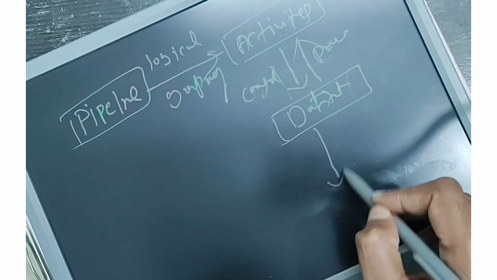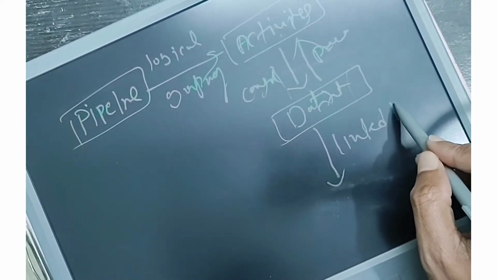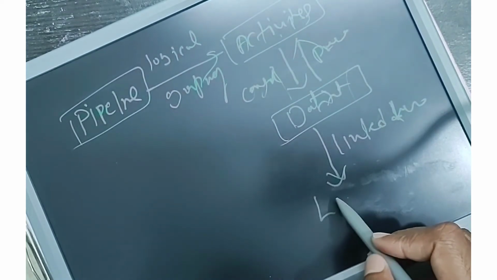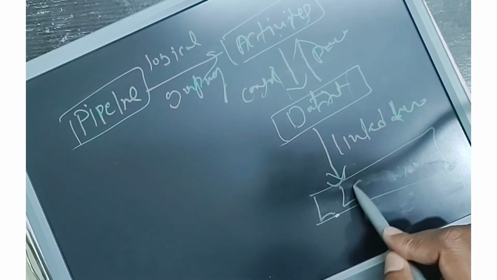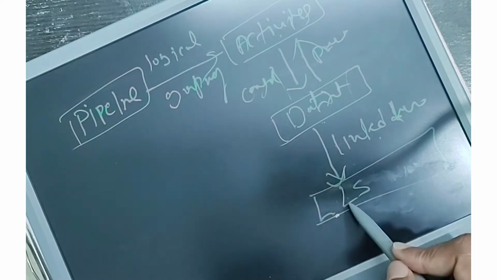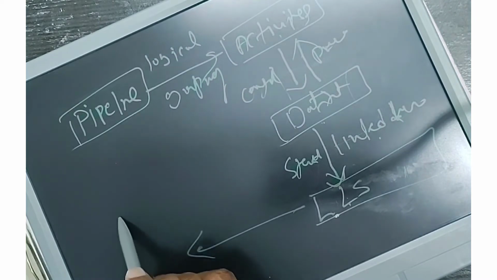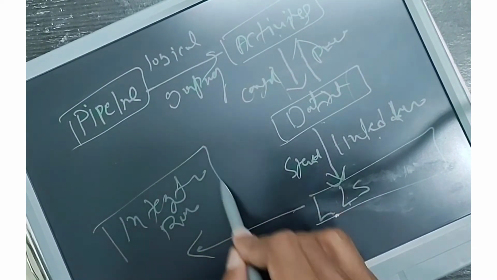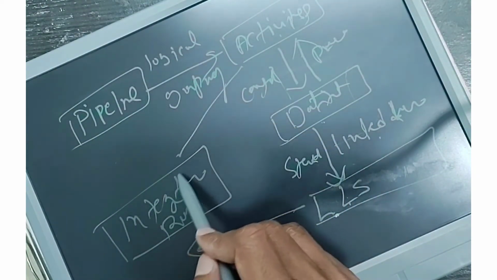Then this data set will be linked to linked services, which tell where this data is stored. Then the integration runtime will be linked to this one.